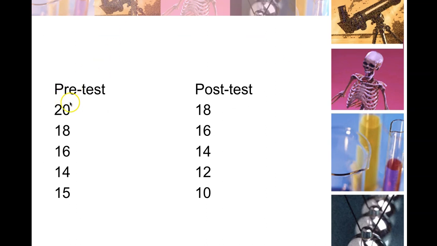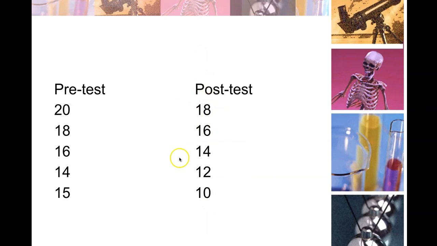So here, let's say we've got 5 participants. They take a pre-test. They then take a post-test, and maybe these are number of moments stuttered, or articulation errors, or whatever. They all did a little bit better, but is that significantly different?